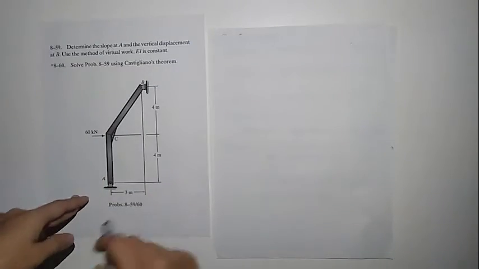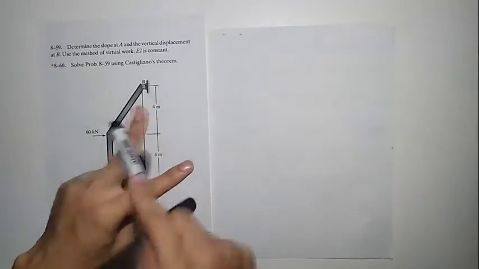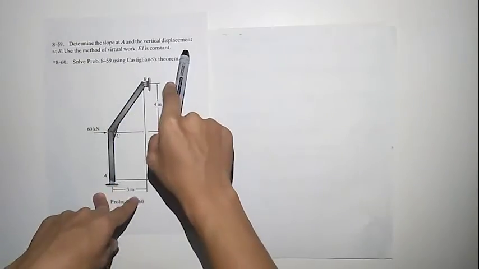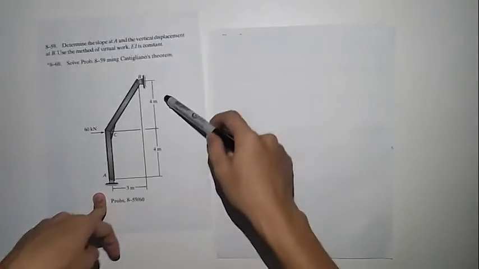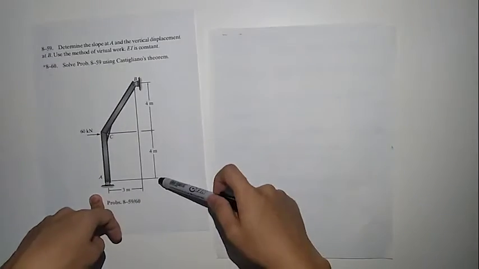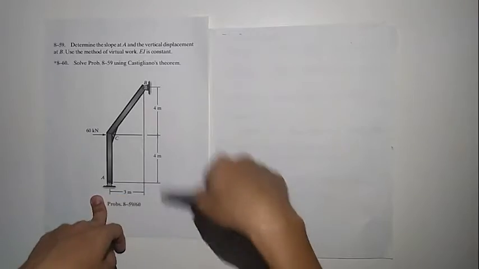So, first po na hinanap po dito ay ang slope at saka vertical displacement at B. So, ang slope po ay sa A at saka vertical displacement po ay sa B. So, may length po siya na 4 meters hanggang dito sa 60 kN. Tsaka 4 meters po dito. Tsaka may length po siya na 8 meters from point A to point B.